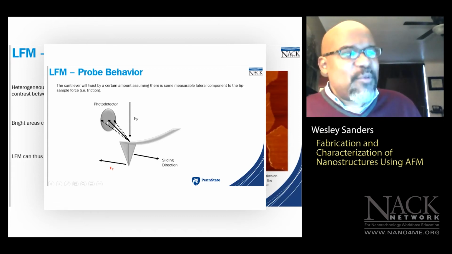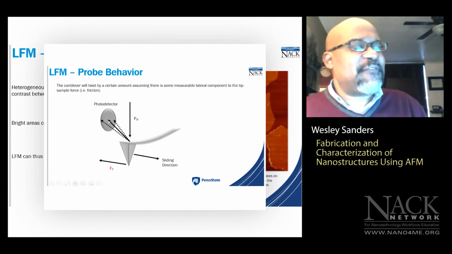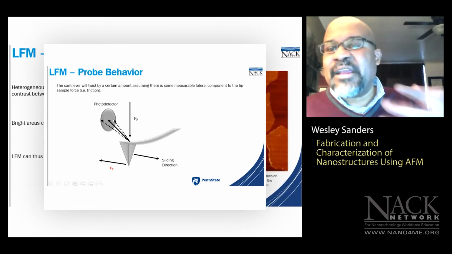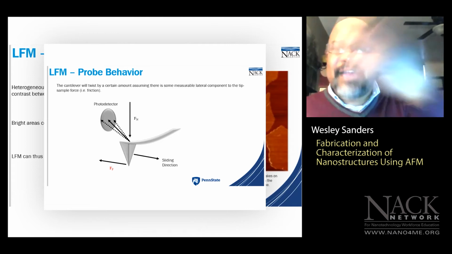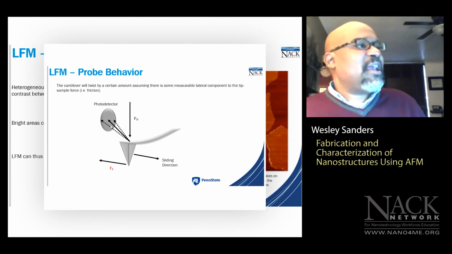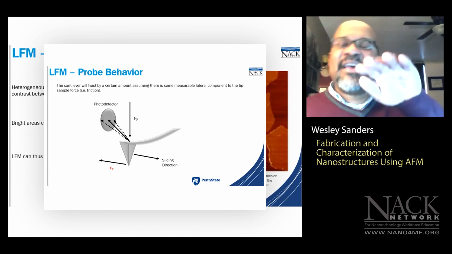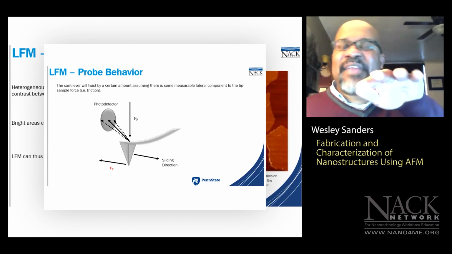So if we have a really rough surface, that means the reflected laser beam is going to move a larger horizontal distance across the photodetector. When the laser beam moves a larger horizontal distance across the photodetector, it's going to generate a higher analog voltage that's then processed to create the LFM image. If the tip traces over a smoother surface, then we're going to have less twisting observed with the cantilever.